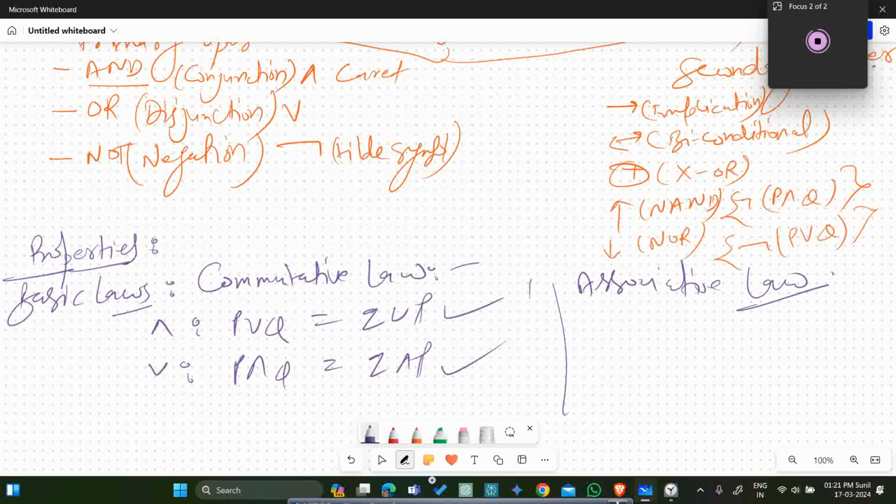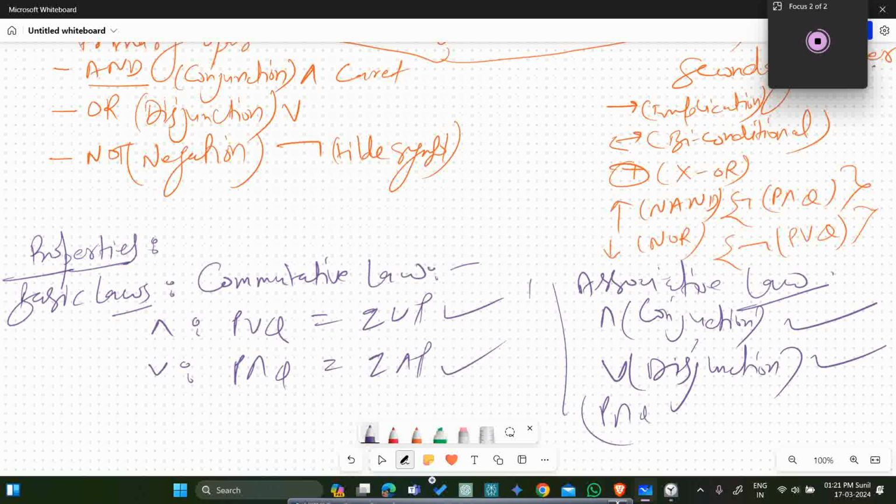So I think conjunction and disjunction both follow the associative law. Conjunction follows the associative law, and disjunction also follows the associative law here. So what we are saying is P and Q and R... we are not saying equal to, we are saying holds and does not hold here.